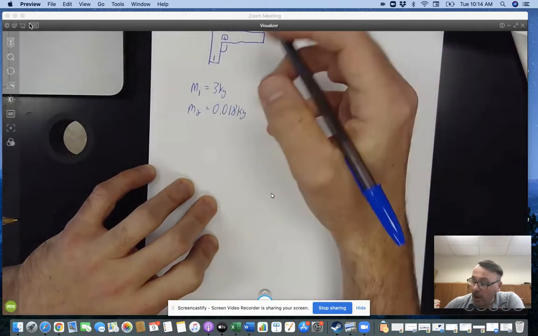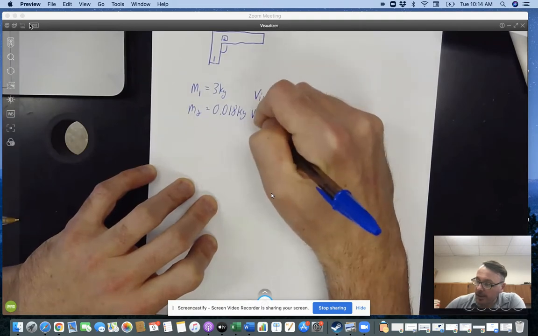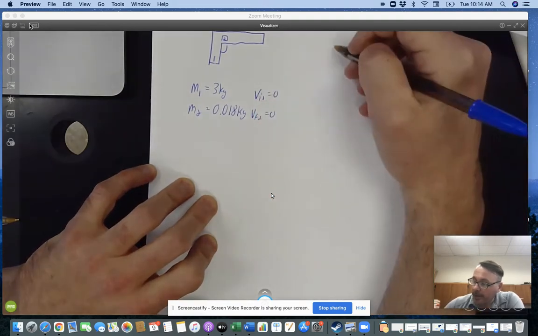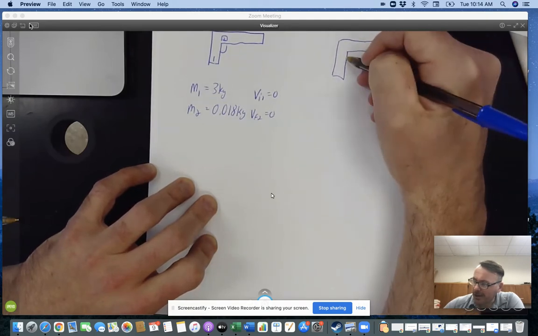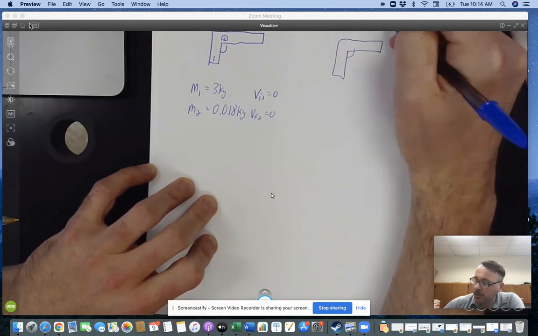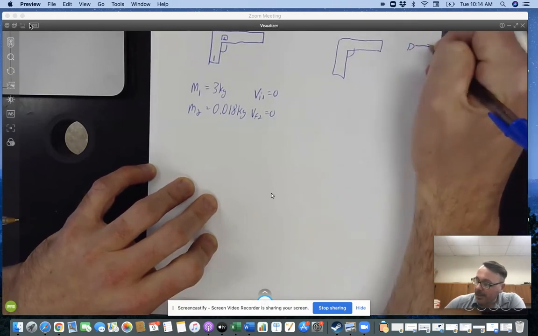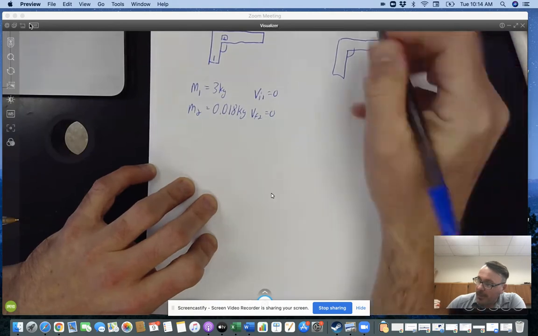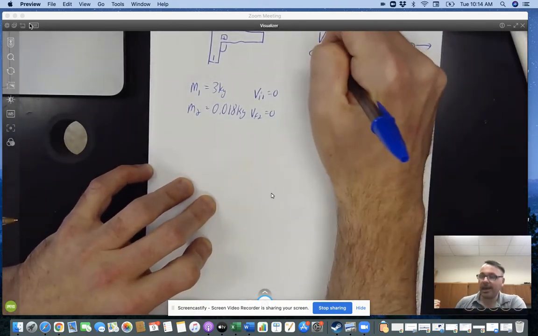Okay. And I know the initial velocity of object 1 was 0 and the initial velocity of object 2 was 0. And then boom, the gun goes off and the bullet goes north. On my picture, I'm going to make north to the right, so this way is north, and I'm going to make north positive. And so that is VF2. That means that there is some sort of VF1. I'm just presuming that it's going to go in that direction.